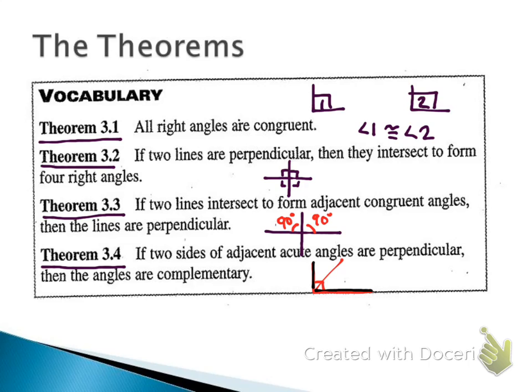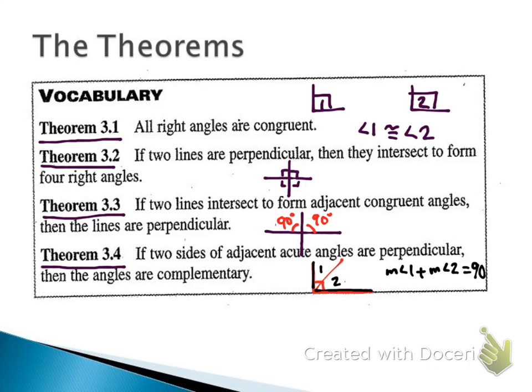That means that if you added those together, you'd get 90. So let's just call this one angle 1 and angle 2. So the measure of angle 1 plus the measure of angle 2 would have to be 90. We've looked at a lot of them like that already.